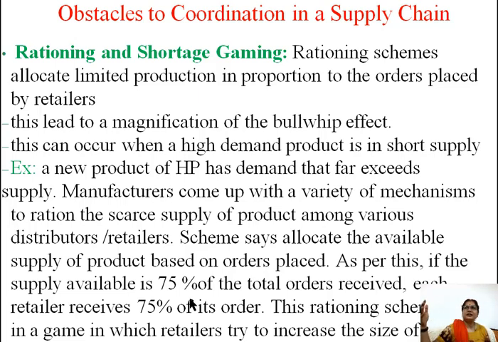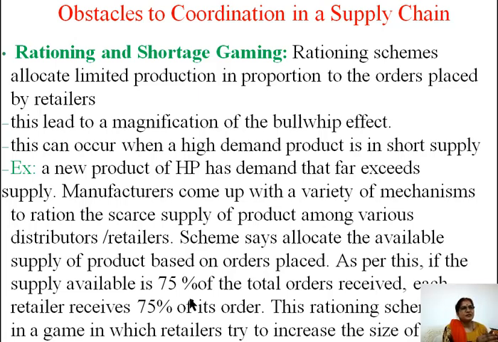Suppose there is demand for 100 units per retailer, and 10 retailers are there, so 100 into 10, that is 1000 units, but he has the capacity to produce only 500.